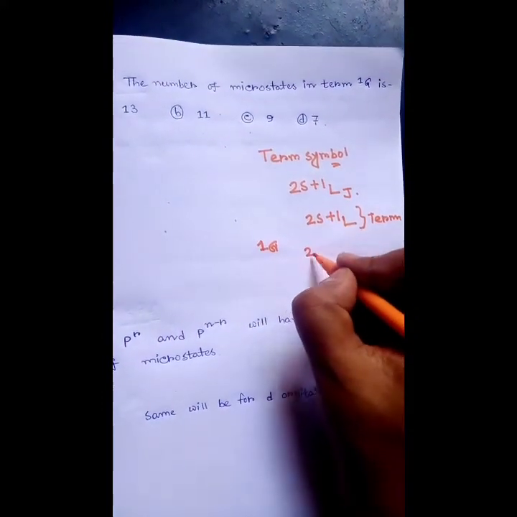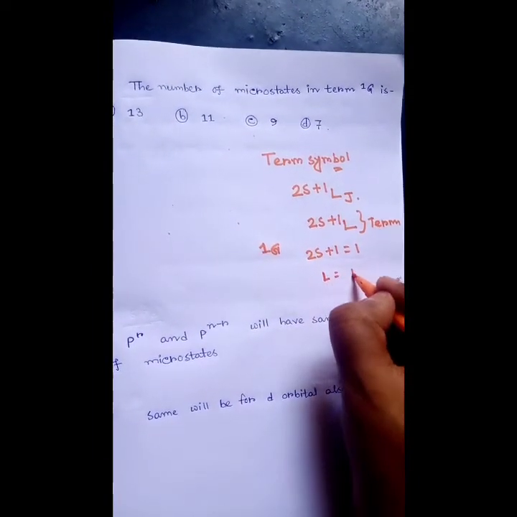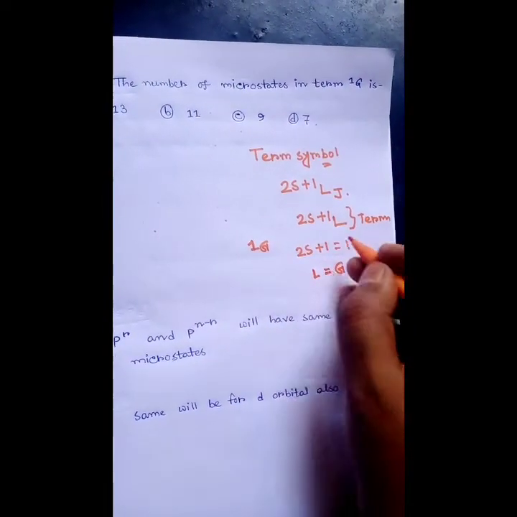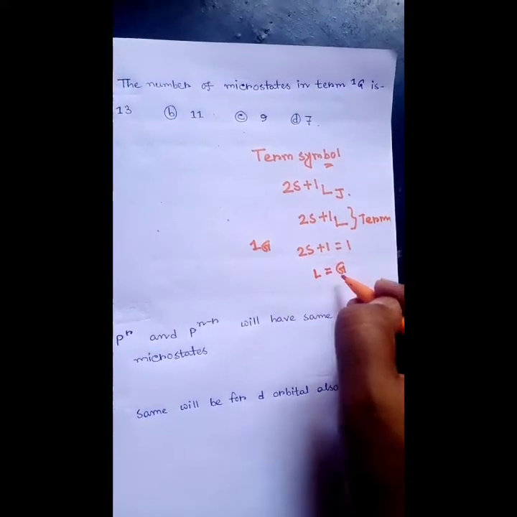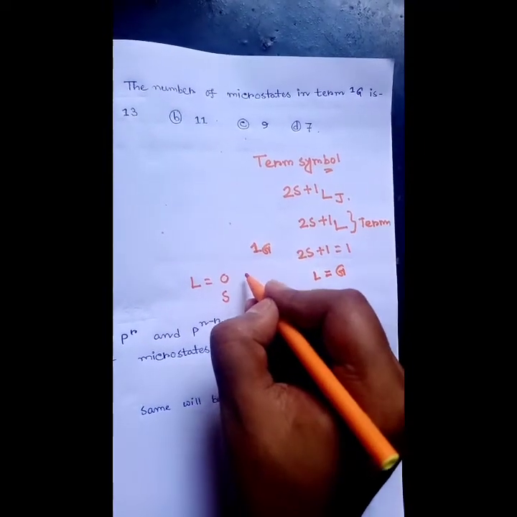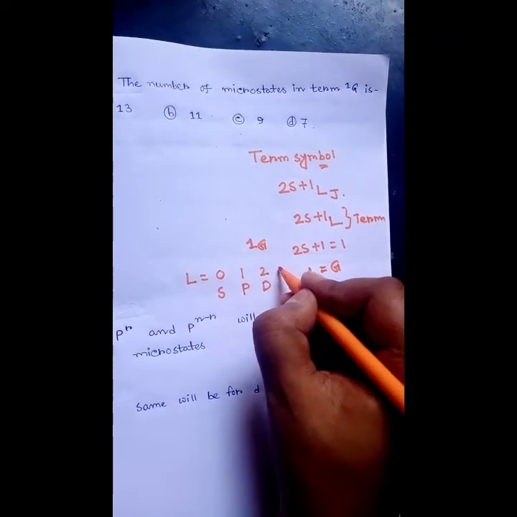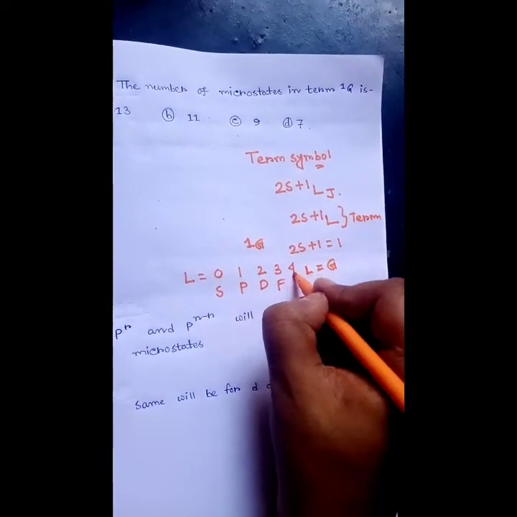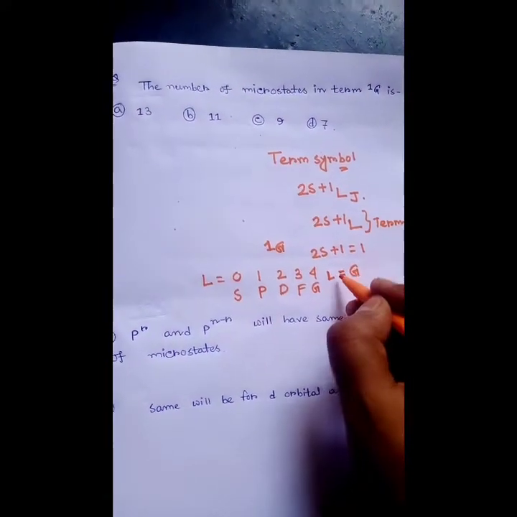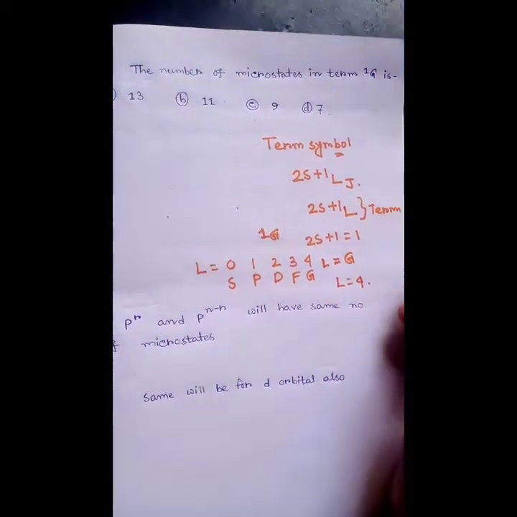So 2S+1 equals 1 and L equals G. Another thing you need to know: when L equals 0 it is S, when it is 1 that is P, when it is 2 this is D, when it is 3 it is F, when it is 4 it is G. So here G is given, that means the value of L will be 4 in this case.